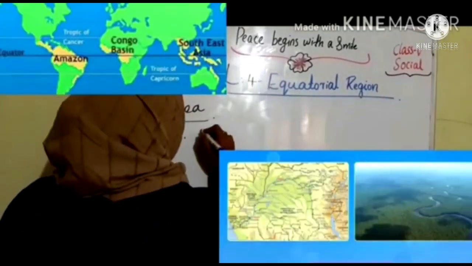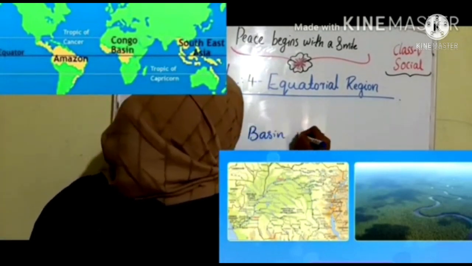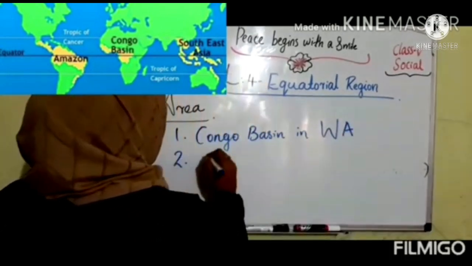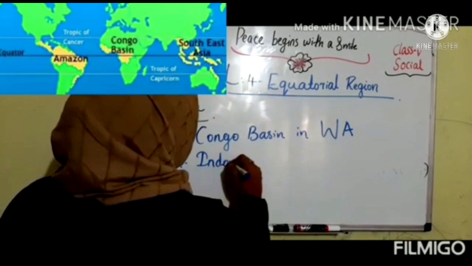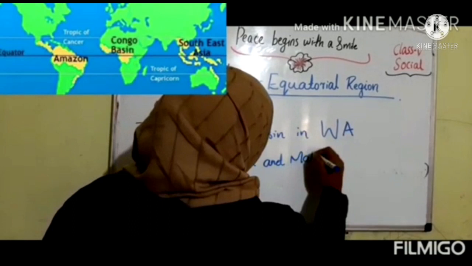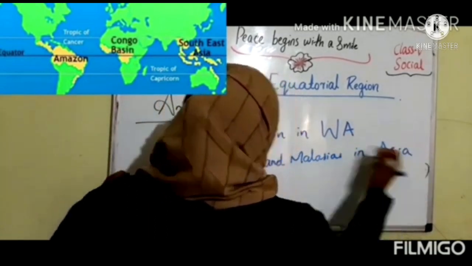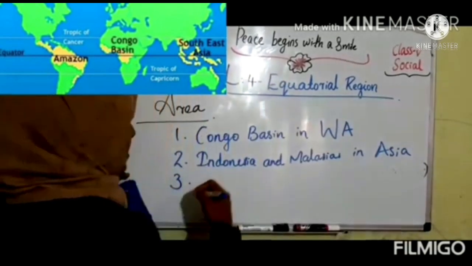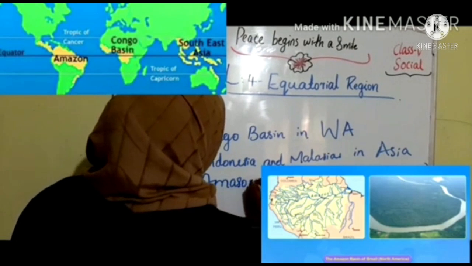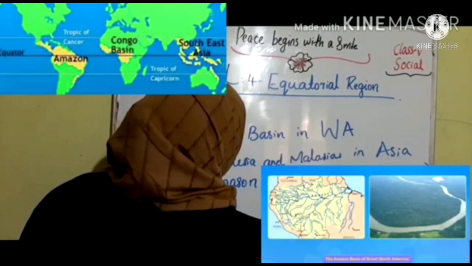That is the Congo Basin in West Africa, then Indonesia and Malaysia in Asia, then the third area is the Amazon Basin in South America.